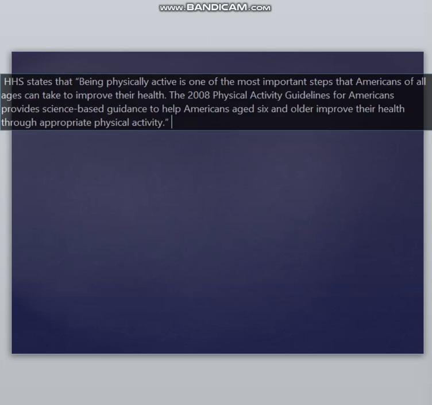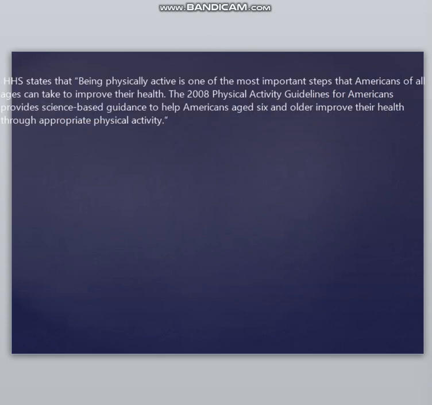Well, this just means that there are a lot of Americans who are obese. I'm trying not to offend anyone here, but that's the truth. And people need to take steps to change that.